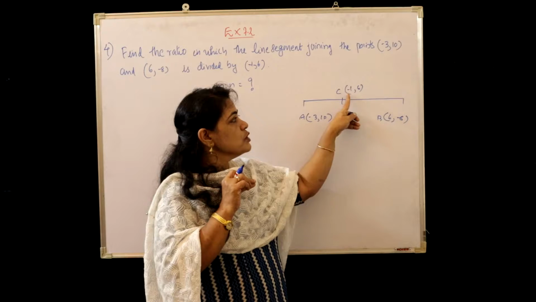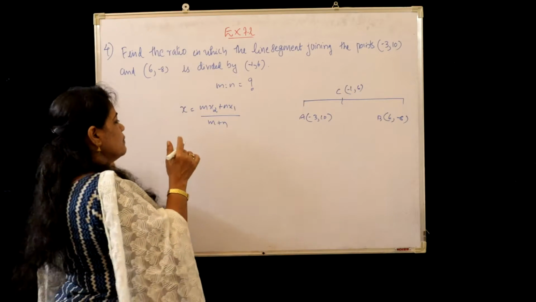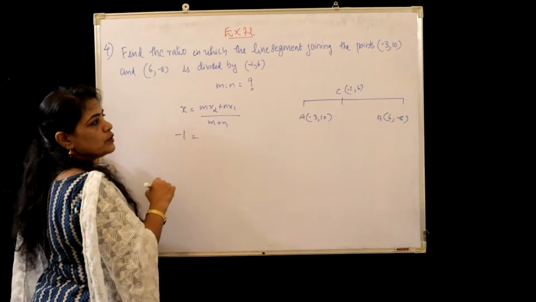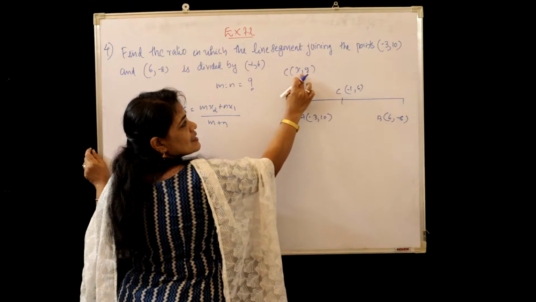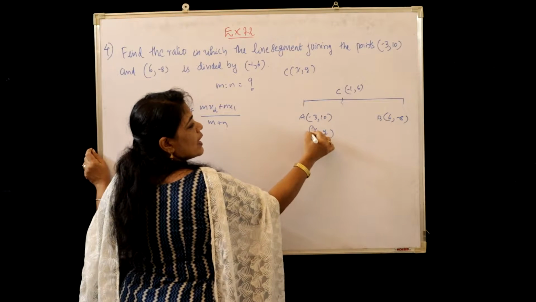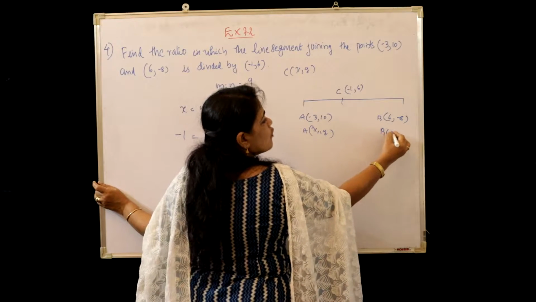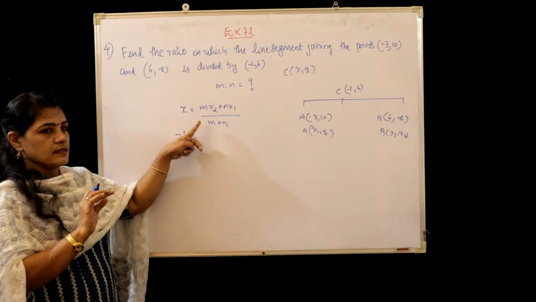So you can substitute x as -1. -1 equals, that is C of (x, y). This C is the point dividing A(x1, y1) and B(x2, y2). By the section formula, x is this.